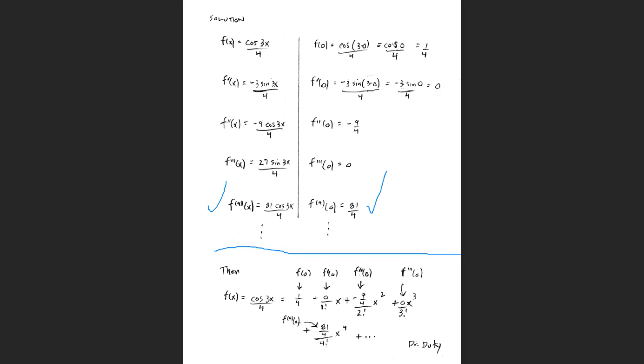Okay, so I think things are pretty well spelled out here. I'm trying to figure out what this Maclaurin series is for this cosine of 3x divided by 4 function. I go out 4 derivatives, and I get my values here, and then I substitute the values into the Maclaurin series.